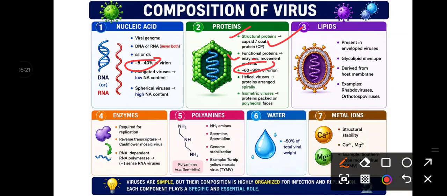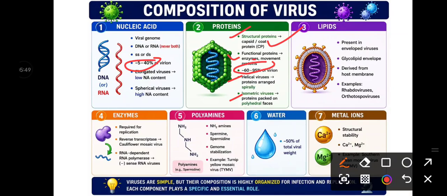Nucleic acid percentage ranges from 5 to 40%, and protein percentage in viruses ranges from 60 to 95%. And how is this protein packed? In helical virus, they are arranged spirally around the nucleic acid, whereas in isometric virus, they are packed on the polyhedral faces. This is about the protein.